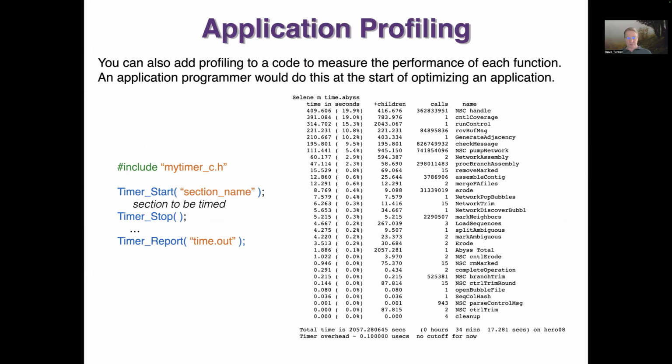Okay, I think I'm going to skip some of this stuff. It's always good to put profiling in your application. I've done that manually in some of the applications I've written up.